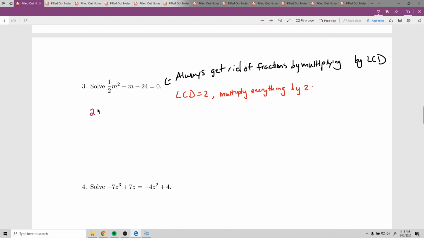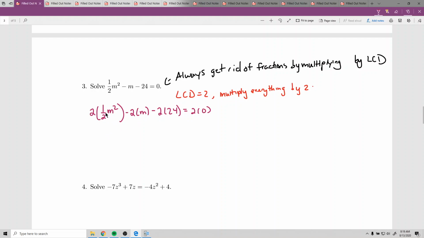We multiply 2 to the 1/2 m squared minus 2 times m minus 2 times the 24 equals 2 times 0. You cannot do it just to one side because that'll be changing the equation. You have to do it to both sides.